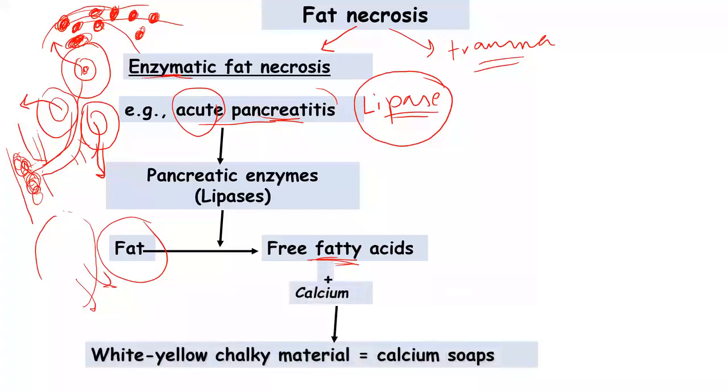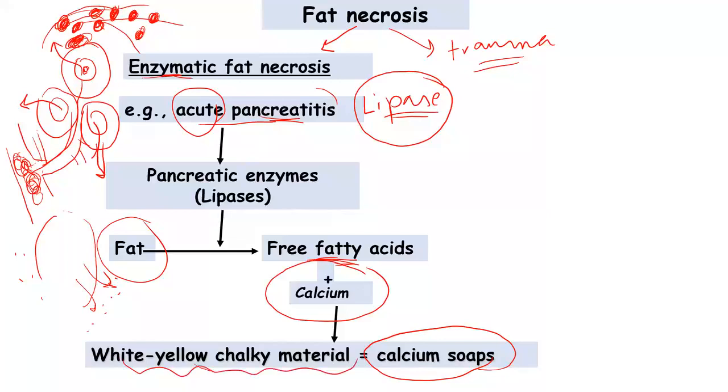These free fatty acids will find in the extracellular matrix a lot of calcium. You remember, free fatty acids will combine with calcium, leading to formation of calcium soaps, and calcium soaps will appear as white, yellow, chalky material.